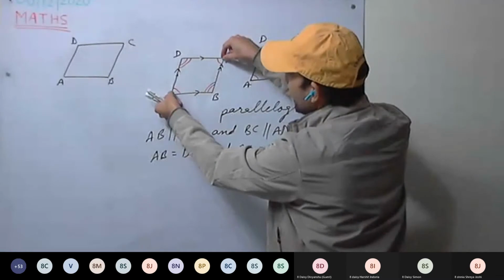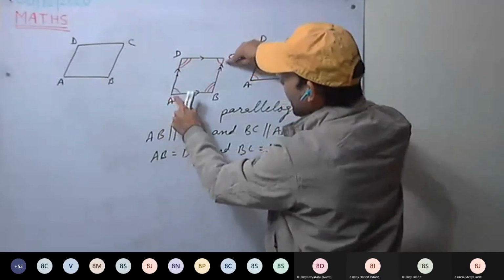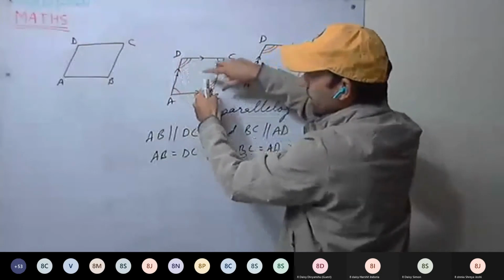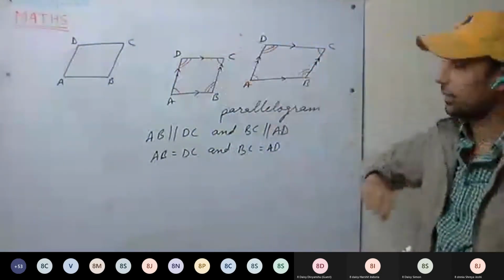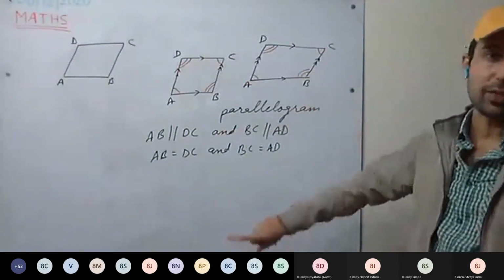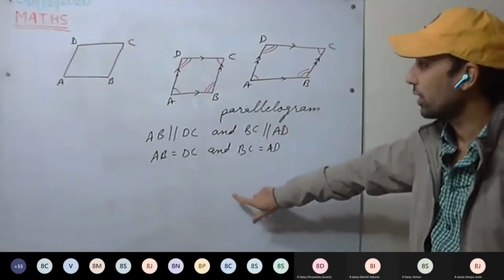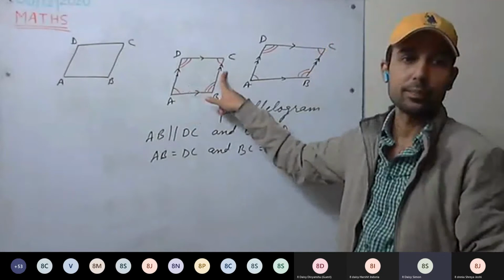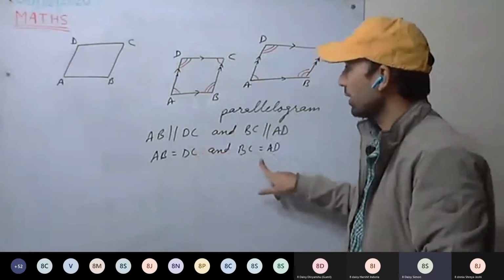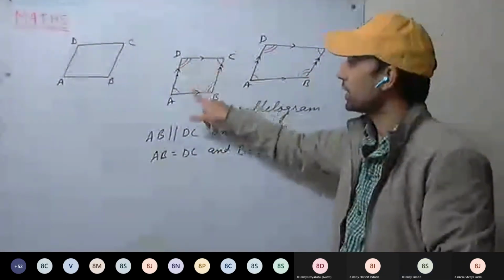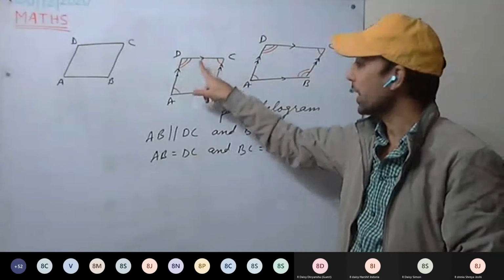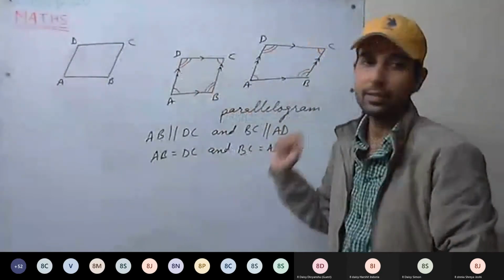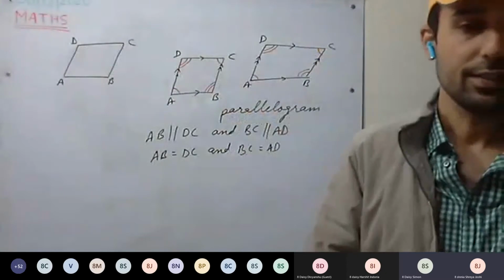If I hold A and C and stretch that, angles A and C will be decreasing and these two angles will be increasing, but they always remain equal. So the properties of a parallelogram are what? Opposite sides are equal and parallel, and opposite angles are equal.